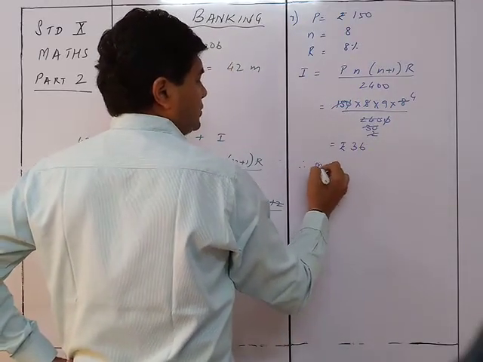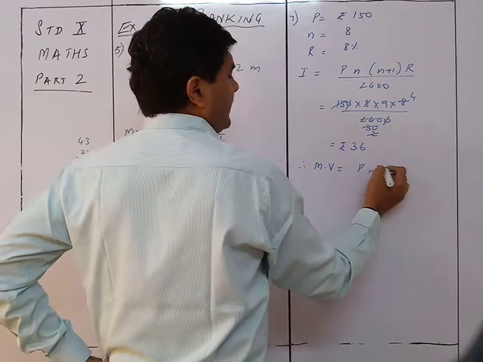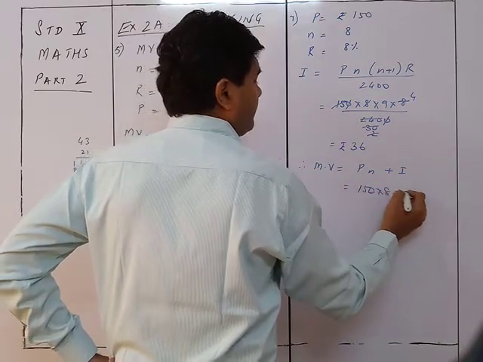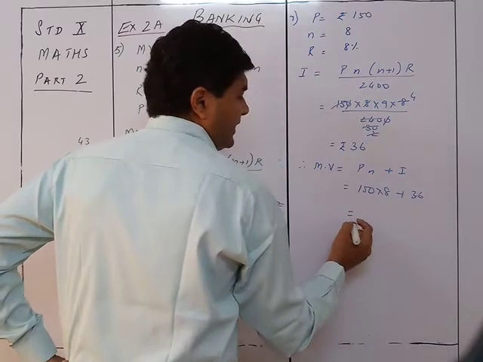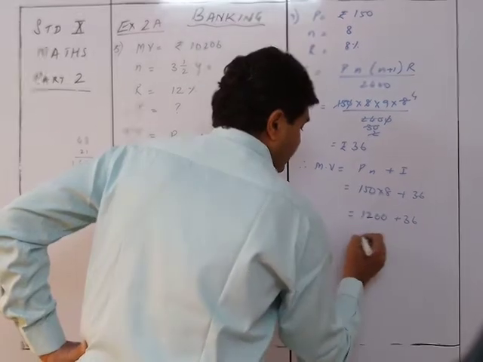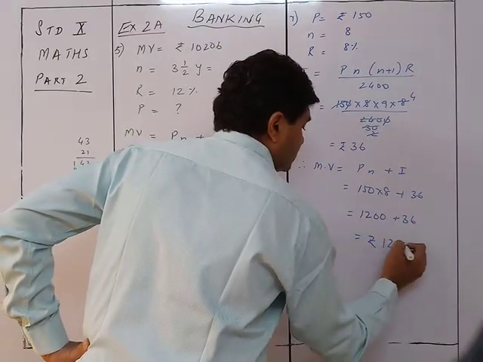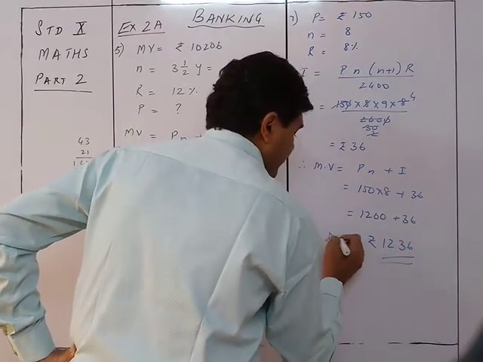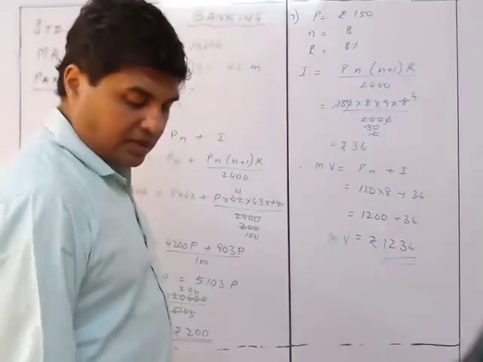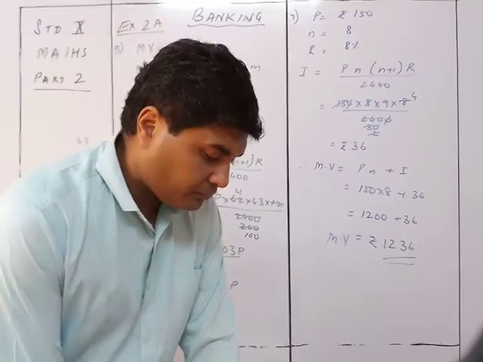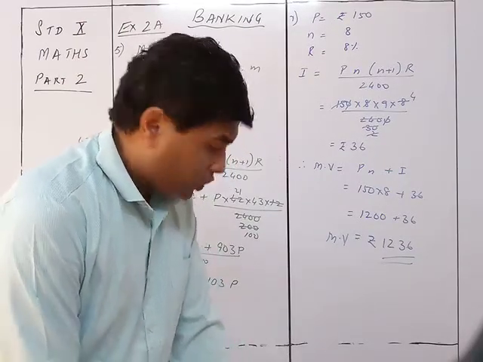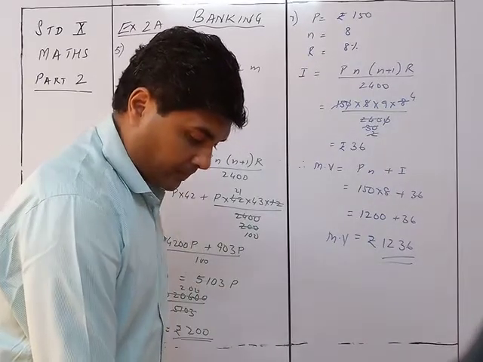Therefore, maturity value will be equal to P into N plus I. That will be 150 into 8 plus 36. 150 eights are 1200, so 1200 plus 36 is rupees 1236 as the maturity value. Easy sum. Sum number 7 was over here, that is maturity value is 1236.